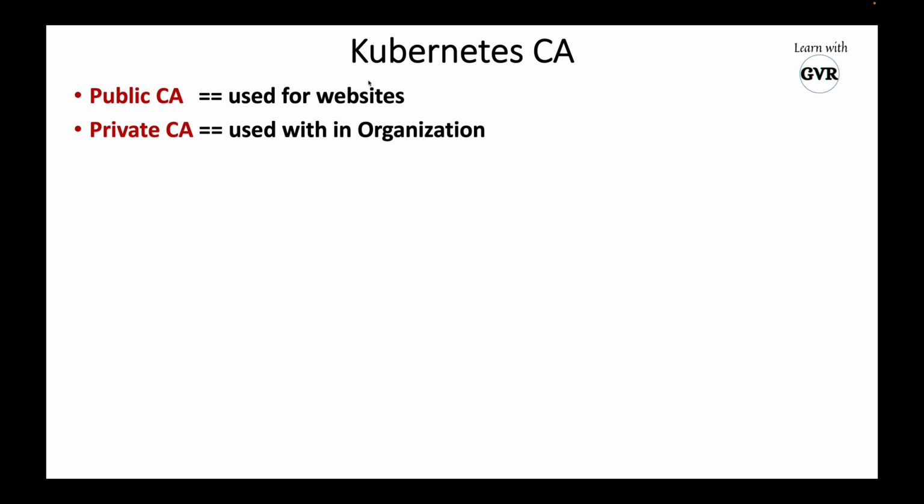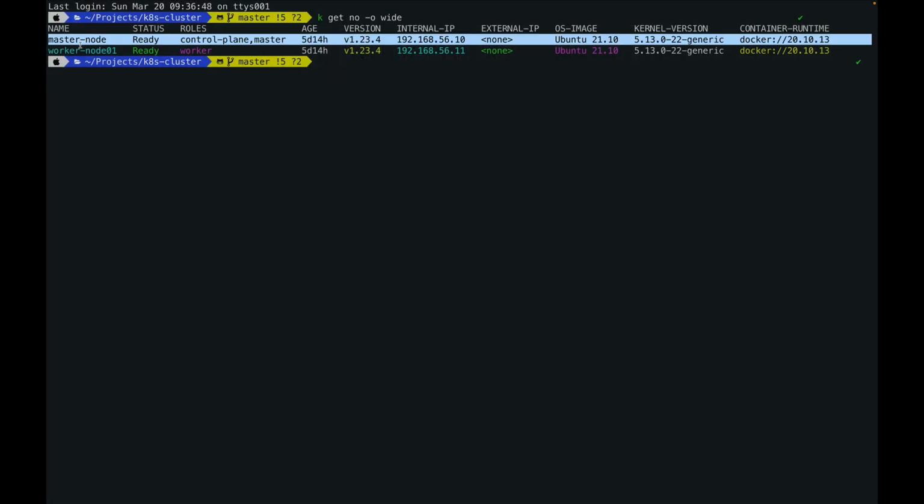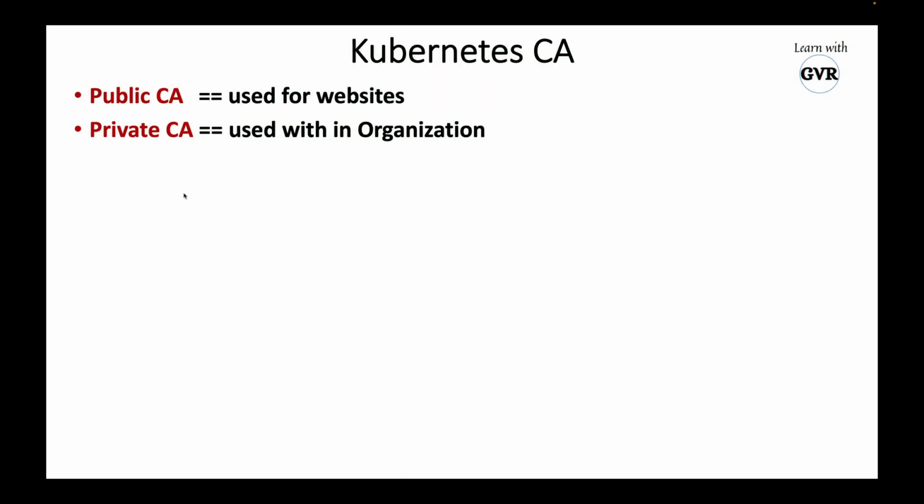Whenever you create a Kubernetes cluster with, say, one master node and one worker node, it will internally use a private CA for its components. What do components mean? The Kubernetes API server, etcd, controller manager, and scheduler.